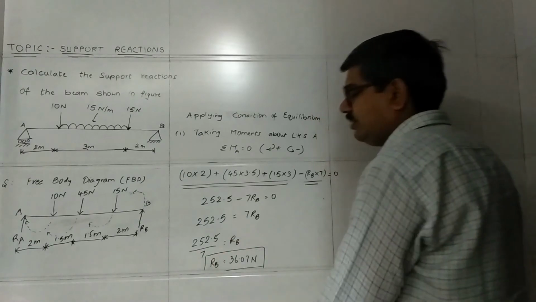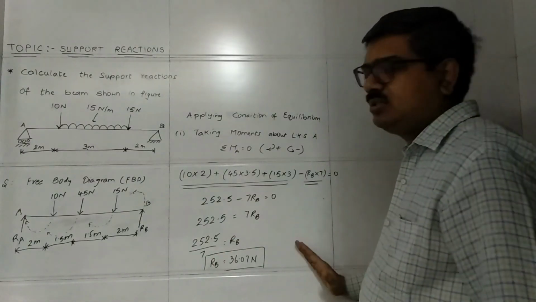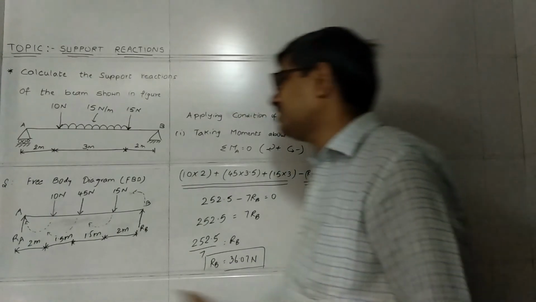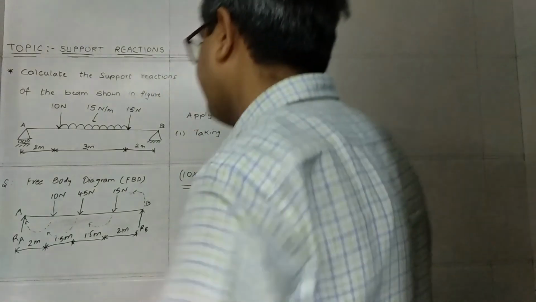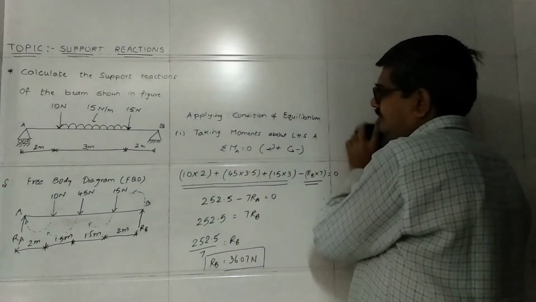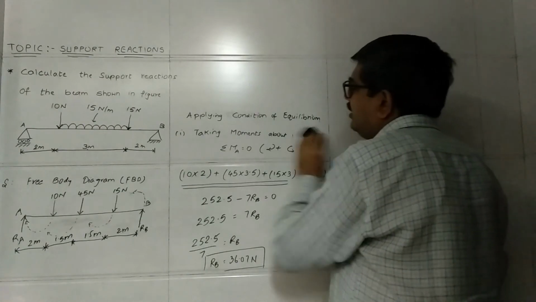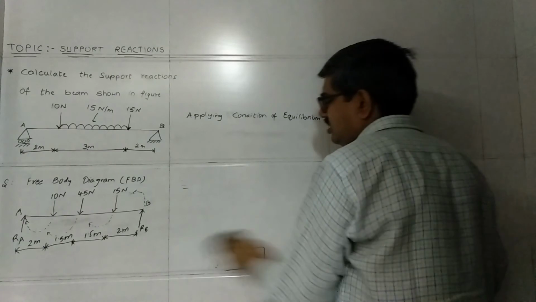Okay, so we got one support reaction. Now the second reaction is RA. So let us find that also. Now we will consider the second condition of equilibrium.